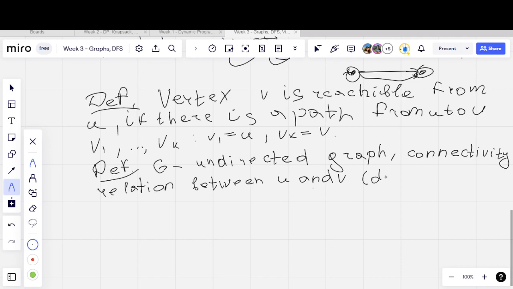It's denoted like u ~ v if there's a walk from u to v.